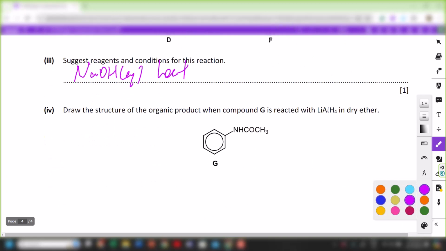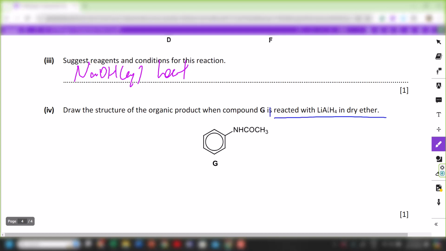Okay, then next, you're asked to draw the structure of the organic product when compound G is reacted with lithium aluminum hydride in dry ether. This is one of the learning objectives that is unique to nitrogen compounds. So the carboxylic acid derivative is now reduced. What do you think it is reduced to? Of course, for amides, it will be reduced to an amine.